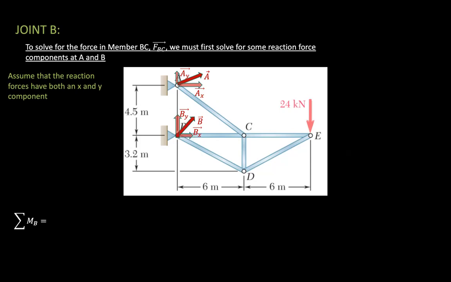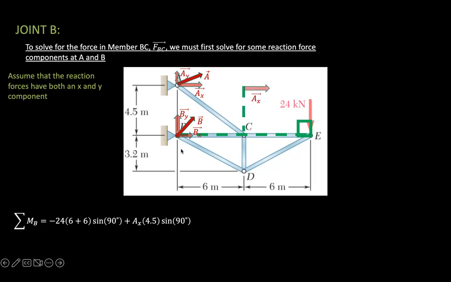The sum of the moments about B is equal to negative 24 times 6 plus 6 times sine of 90 degrees, as you can see here, because this is the R length and this is the 90 degrees. And we have to add the AX component times 4.5 meters times sine of 90 degrees because of the line of action.